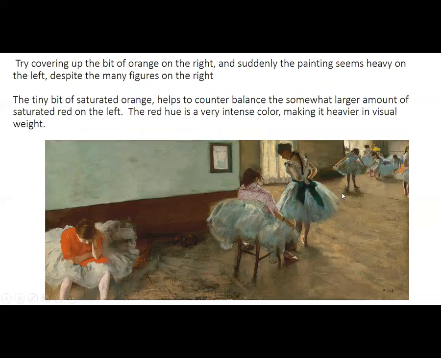So if we had no saturated hues at all on the right side, then suddenly, especially since this is a saturated red, it could be a saturated orange over here, it could be a saturated red orange over here, or a yellow, because yellow is not quite as heavy. But if we just had this red over here and none of this orange over here, suddenly it would be heavy on the left side.